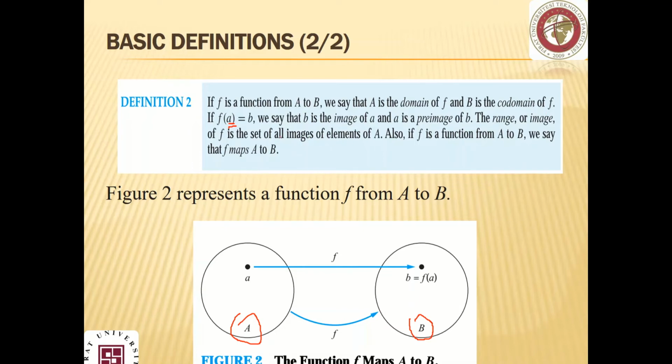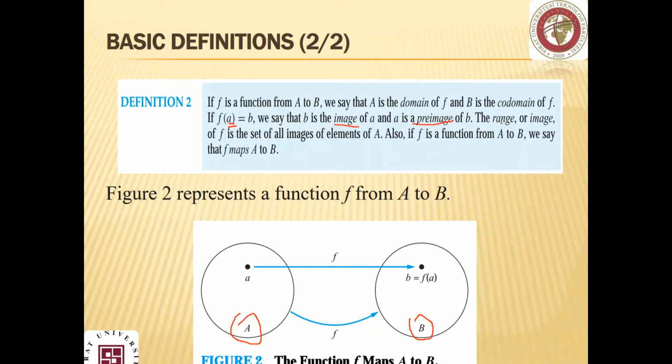So when you provide a as an argument of f, or a parameter passed to a function, we produce this lowercase b. This is the image. It's like we are imaging a, or mapping a. And a is referred to as the pre-image of b.